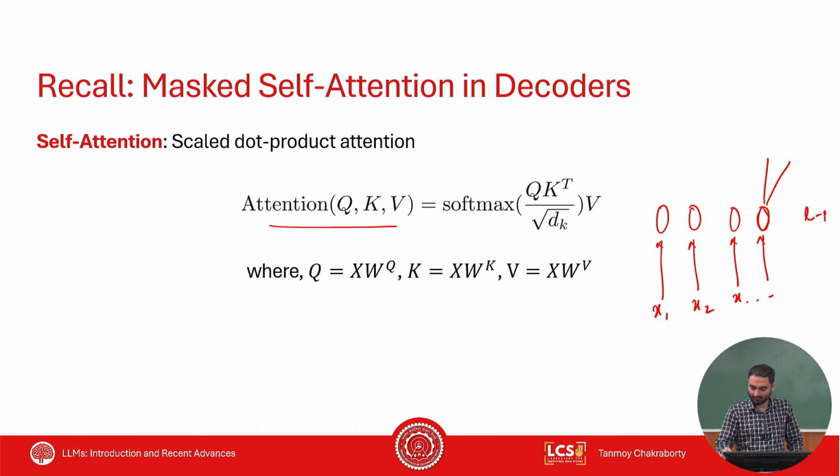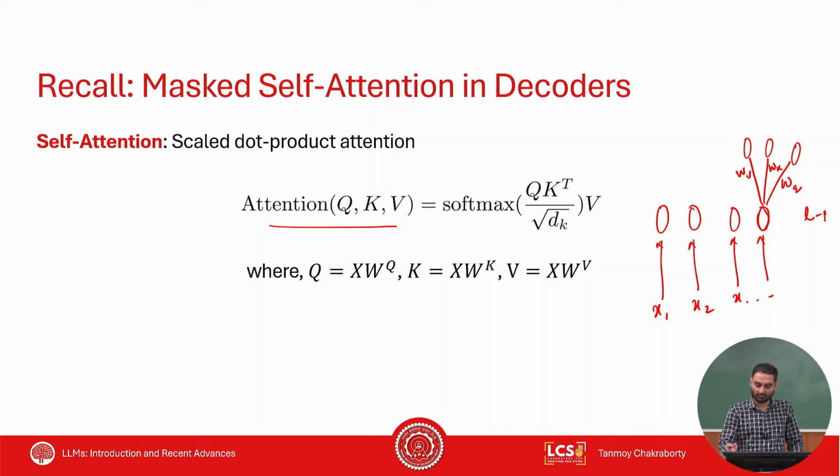We have 3 weight matrices, one corresponding to query, another corresponding to key, another corresponding to value, and you obtain 3 different representations for every token. Now each of these representations will be used in different ways.